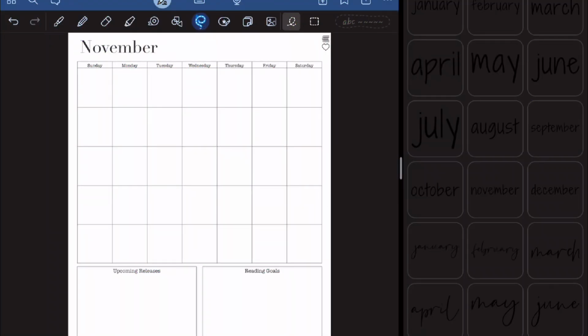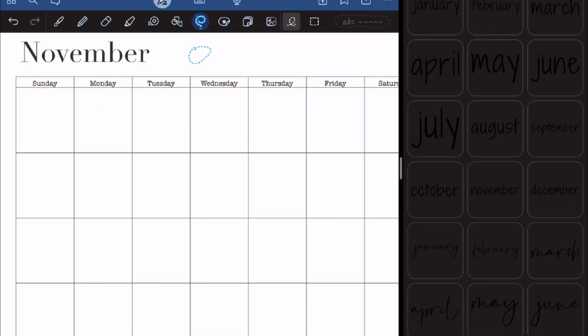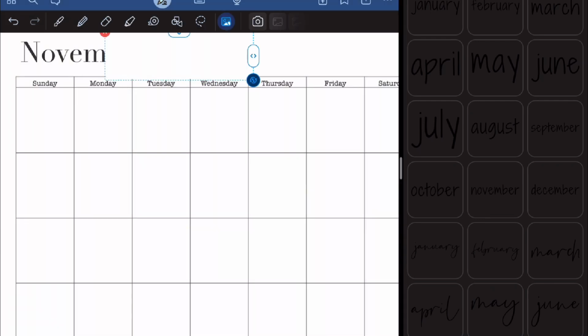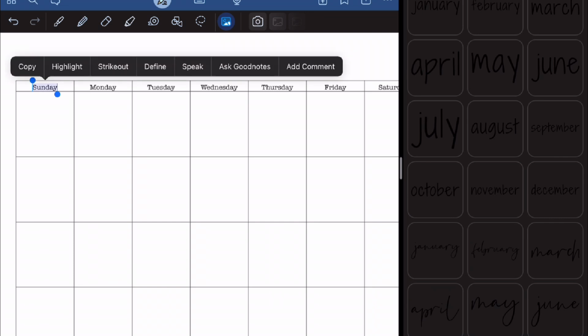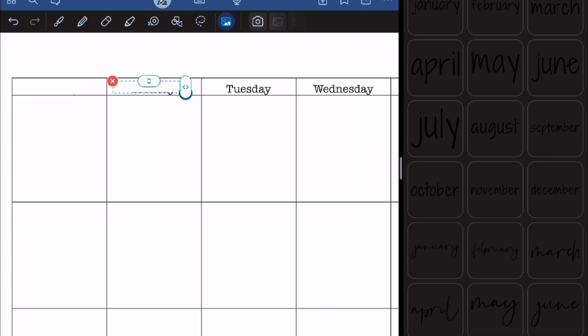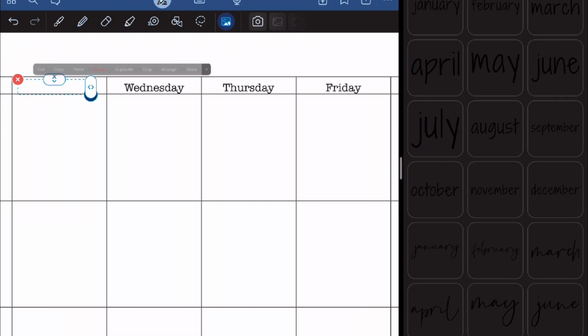We have reached the end. A little bonus for you all. I have included the setup for my November reading journal calendar. So I'm just going to walk you guys through how I actually set up my calendar.